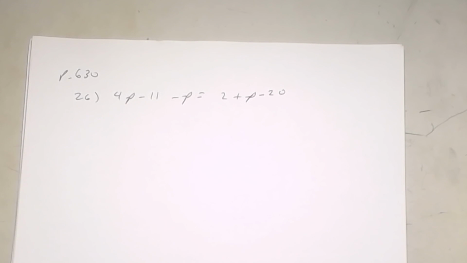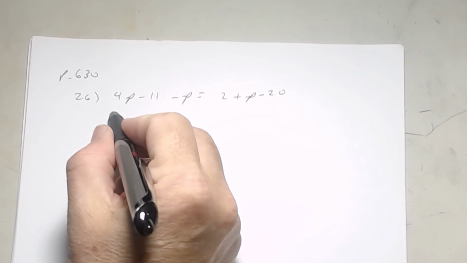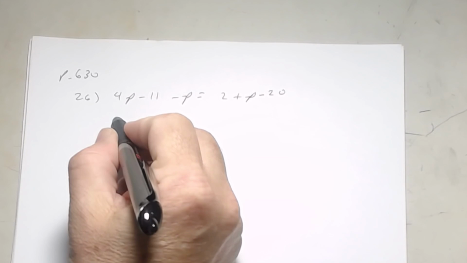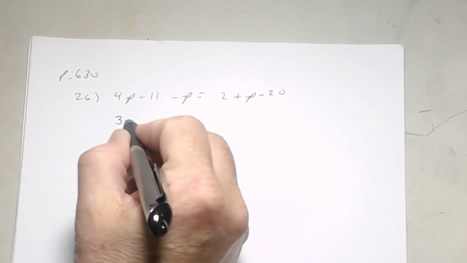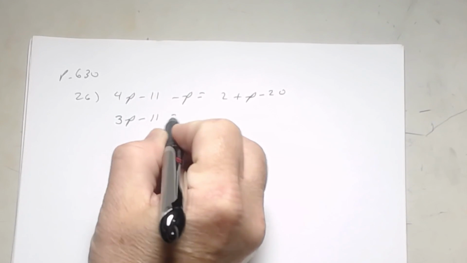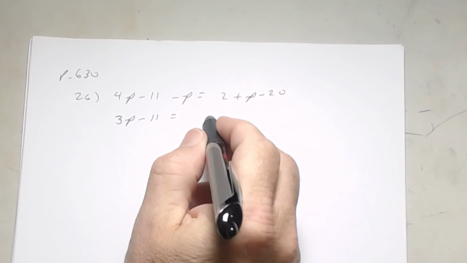So on your test, what are you going to do first? Combine like terms. On the left-hand side, what's 4p and a negative p? 3p. And so on the left side, what are you going to write right here? You're going to say 3p minus 11 equal, and on the right side, what do you write?